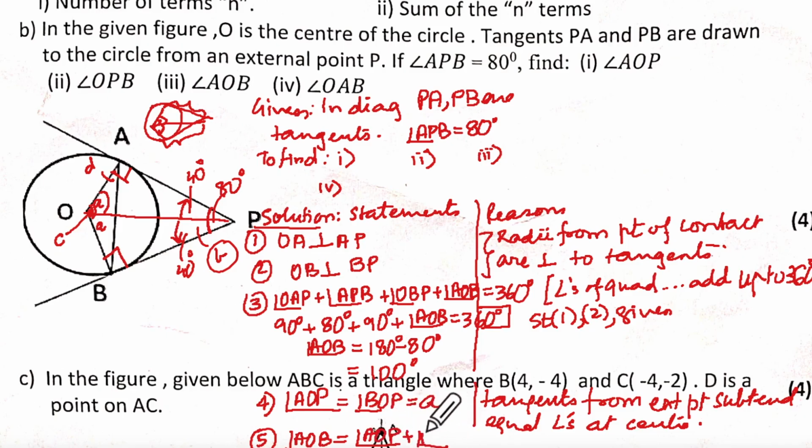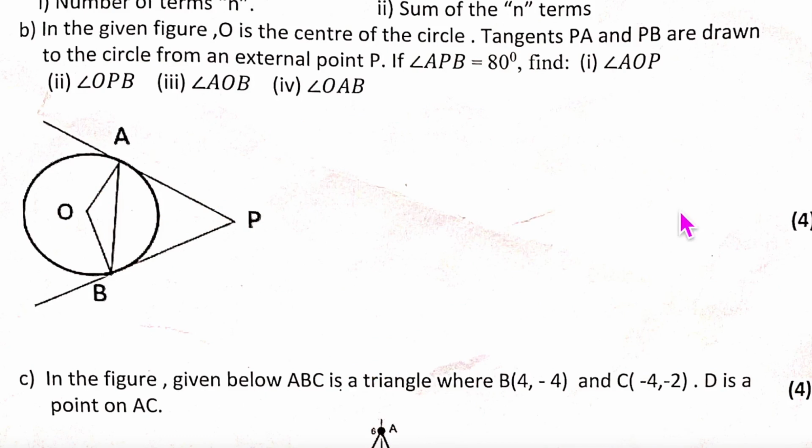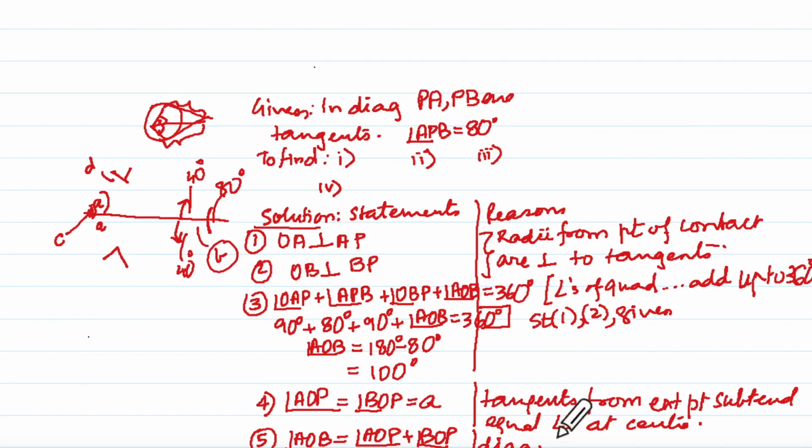and BOP, correct? And why do I say that? Because of the diagram. Are you with me? Okay. Now I'm going to require more space. Because of this diagram. Now statement number 6. What will I say for statement number 6?